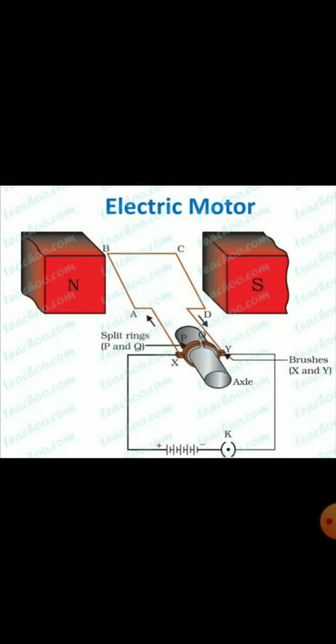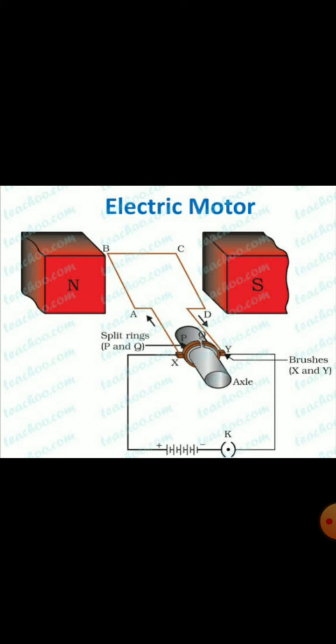Now, the external conducting edges of P and Q. External conducting edges means the sides which can conduct electricity.